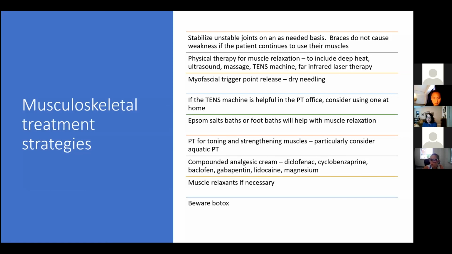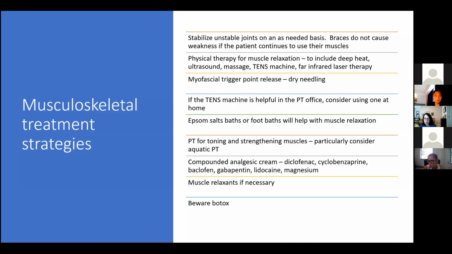Some things I think about in terms of treatment strategies for the musculoskeletal issues, to stabilize unstable joints on an as-needed basis. People sometimes worry that braces will cause weakness, but if patients continue to use their muscles, they should be protected against that. Physical therapy is really a mainstay for treatment.